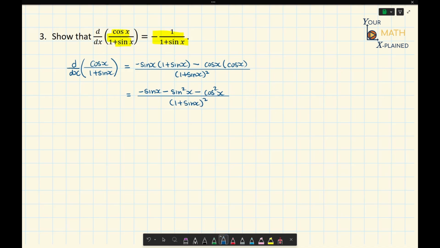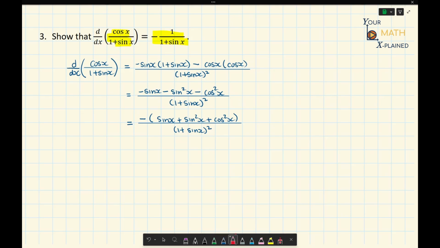Next, we're going to factor out a negative sign from each term on the top. So we get negative, and then in bracket, we're going to get sine x plus sine squared x plus cos squared x. And this is just so that we can now see that there is an identity here that we can use. Mainly, it is going to be the Pythagorean identity.